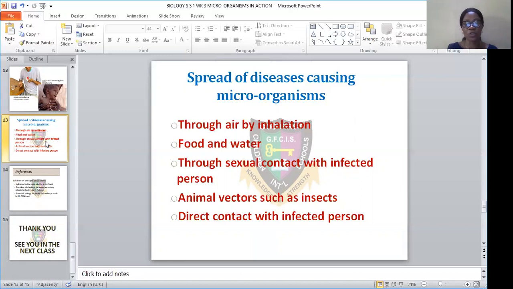Another animal vector is the dog, that causes rabies. And the last one is by direct contact with an infected person. Maybe when you hug the person, when you shake the person, you can be infected too. With this and many more, microorganism disease-causing agents can be spread in this way.